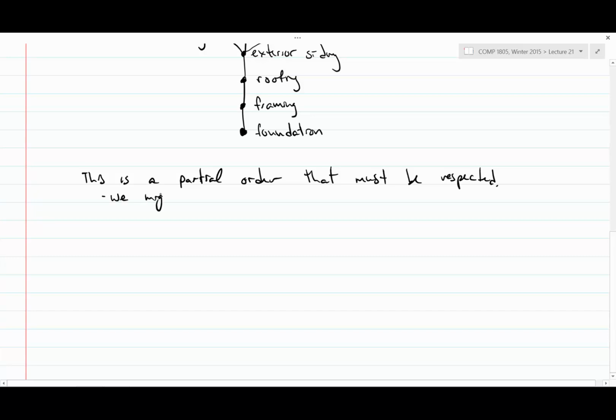So we might want a valid total ordering. And here valid means it respects this partial order.